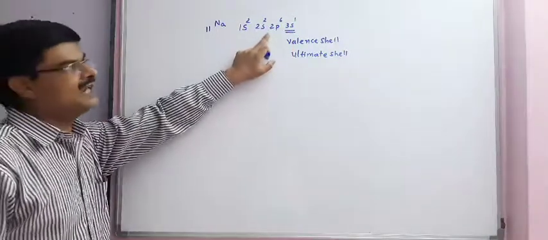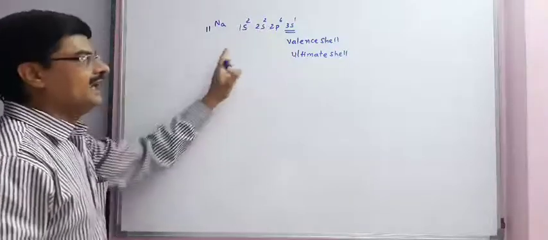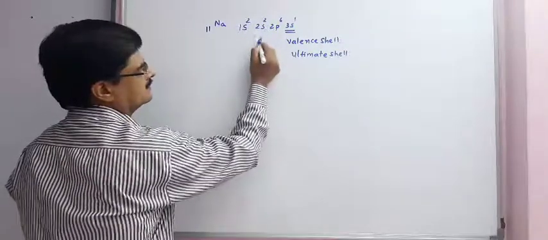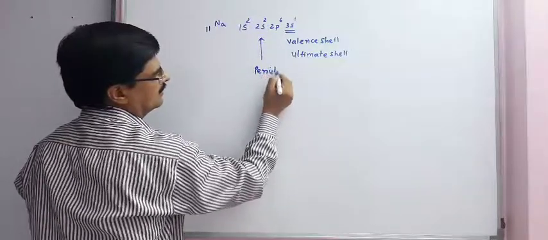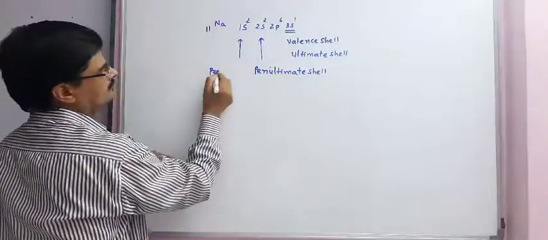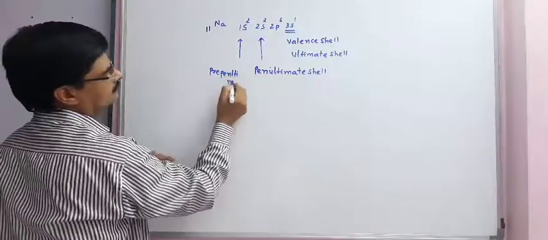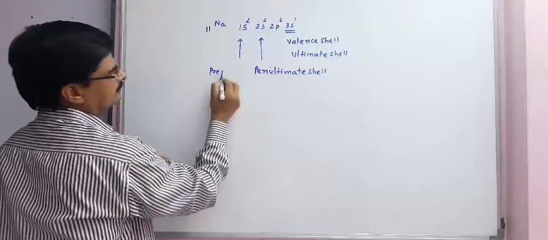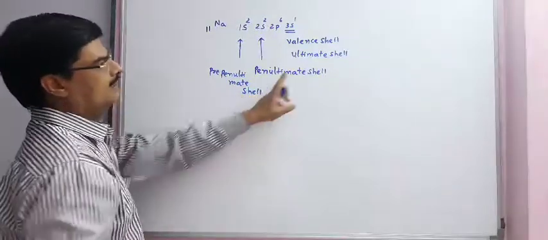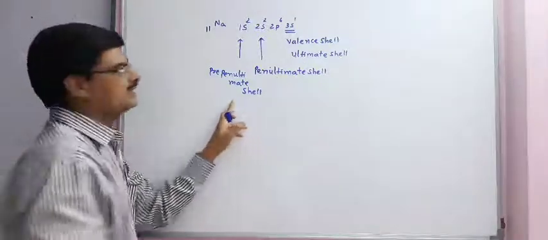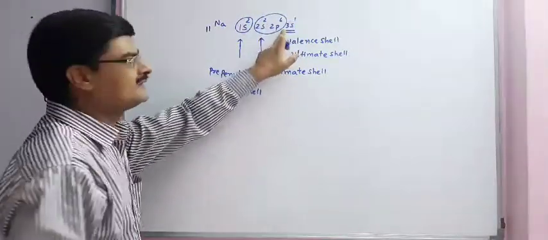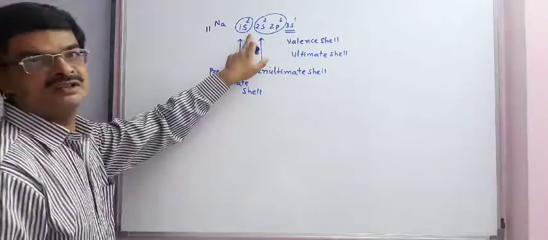Then this is known as penultimate shell, and this one is pre-penultimate shell. Ultimate shell, penultimate shell and pre-penultimate shell. Now, if valence shell is removed, then the electronic configuration is known as kernel.